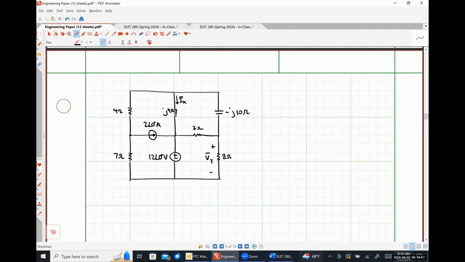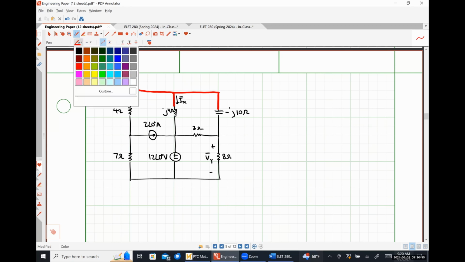So you had a question about how many nodes there are. So I'm going to show you how I identify nodes. What I like to do is start at one element, and then I just follow the wires along until I hit another element. And I just keep on going. So I have that one node on top that I've labeled in red.